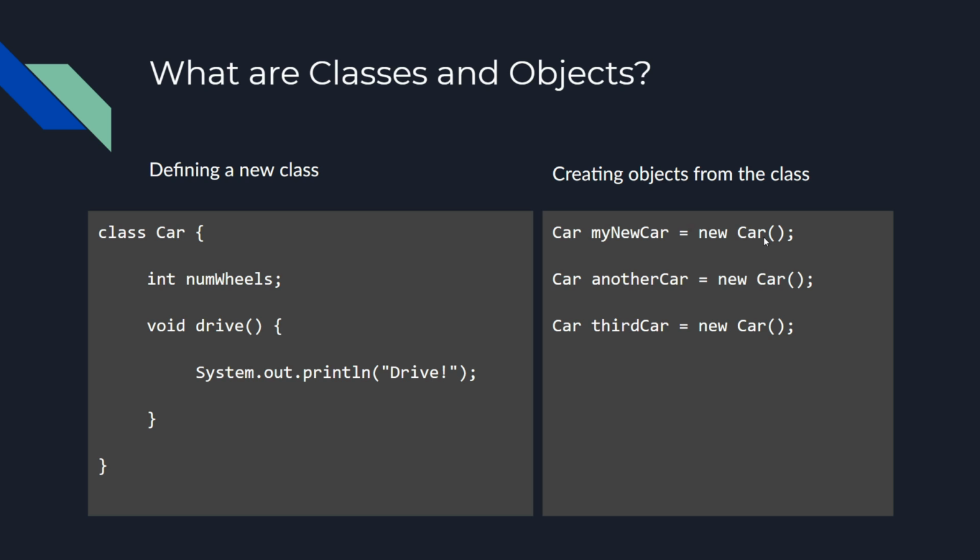The way we create an object from a class is we use this new keyword, and then the name of the class, and then parentheses. We'll cover exactly what this means in a second, okay? But creating an object from a class is new, the name of the class, and then the parentheses. And then you can store that in some variable. So far, so good?